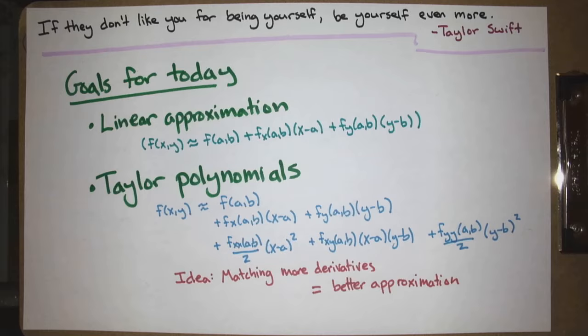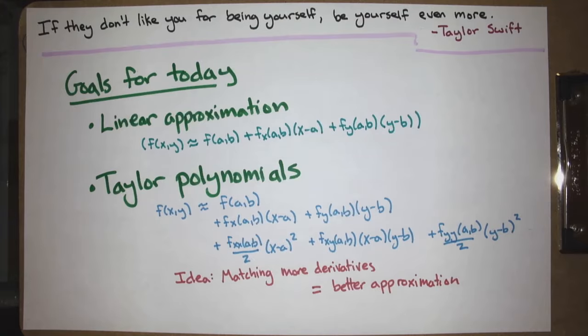Let's use more information. What information are we using to make our tangent plane? Well, the pieces that go into it: the value of the function and the first partial derivatives, f sub x and f sub y. If we use more information, we can do a better job of approximating the function.